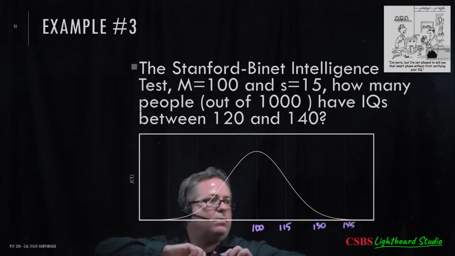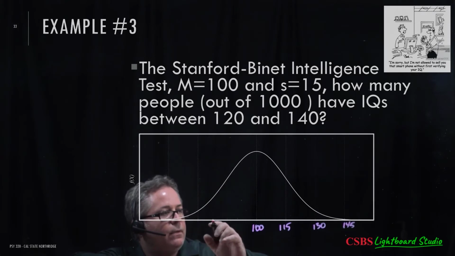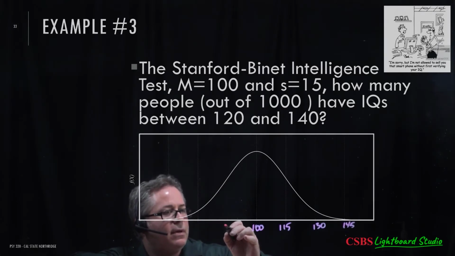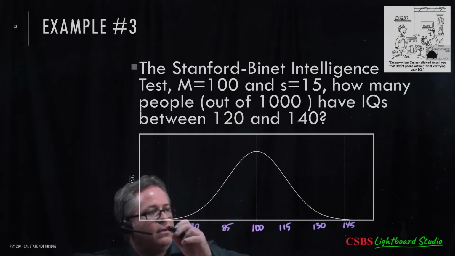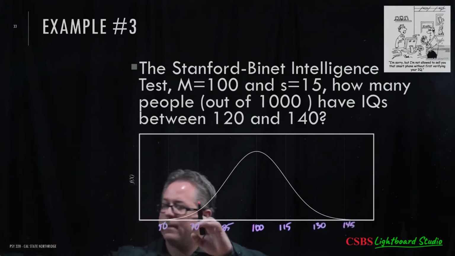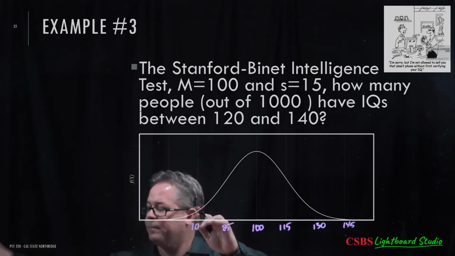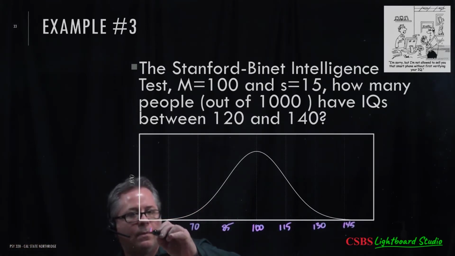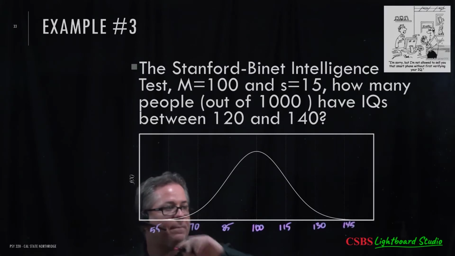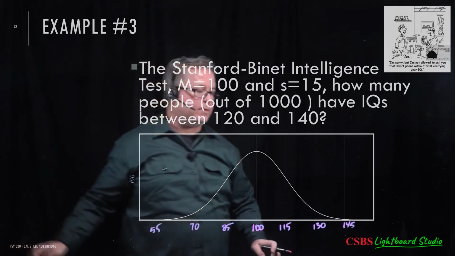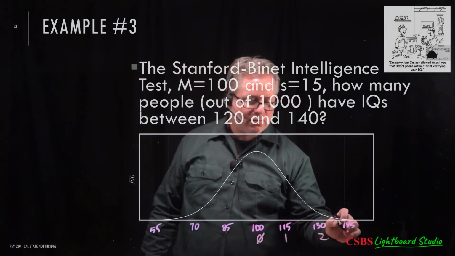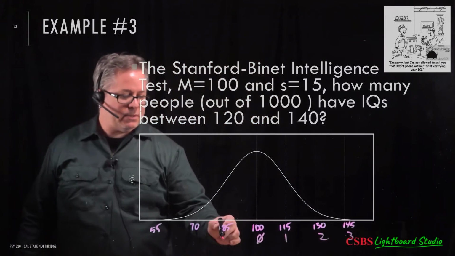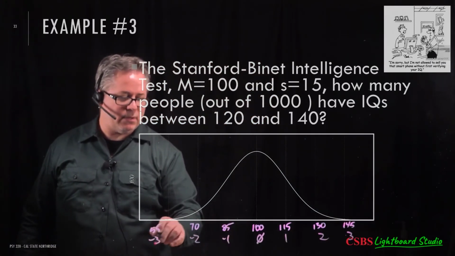And here it's 85, 70, 55, somewhere over here. Again, not perfect, but close enough to give us an idea. I also know that this corresponds to 0, that's 1, 2, 3, and this is -1, -2, -3.